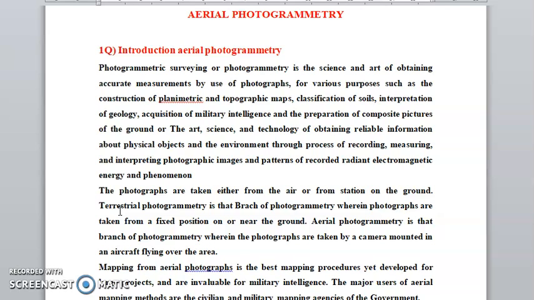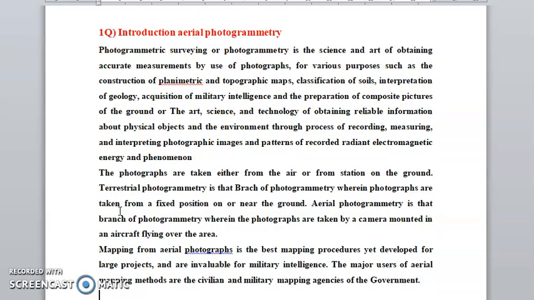Mapping from aerial photographs is the best mapping procedure, developed for large projects and invaluable for military intelligence. The major users of aerial photogrammetry are the civilian and military mapping agencies of the government.